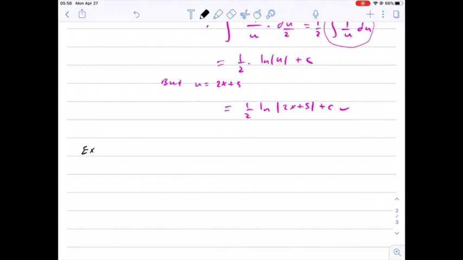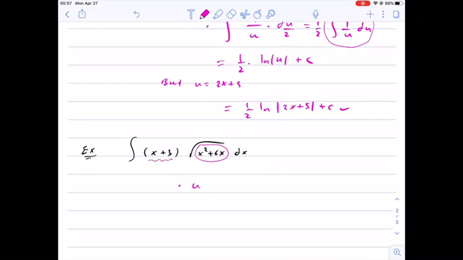If we want to find the integral of x plus 3 times the square root of x squared plus 6x dx, now the main function is x squared plus 6x, and its derivative is 2x plus 6, so this is part of its derivative.